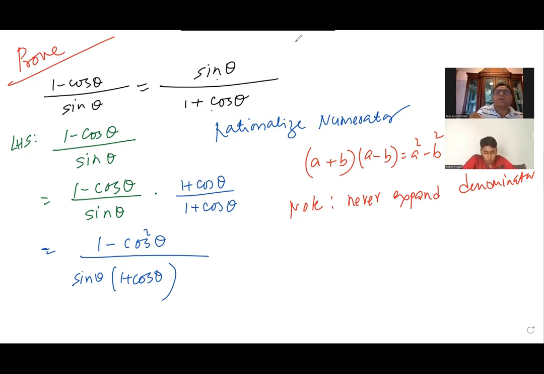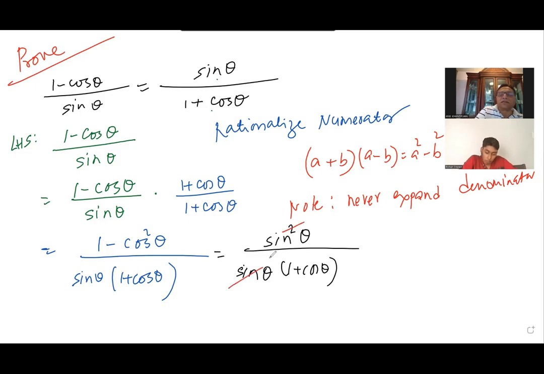Now, if we continue with this, what is 1 minus cos square theta? Tell me. It is sin square theta, right? Trigonometric identity. And the denominator is sin theta times 1 plus cos theta. So you can clearly see that one of the sin thetas cancels.